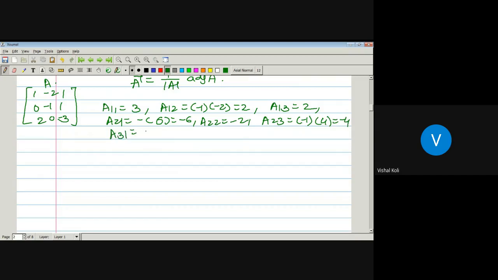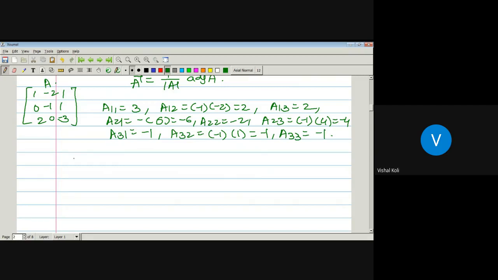A31 is equal to minus 1 to the power 4, which is plus, into minus of 2 into 1, minus 2, minus of minus plus 1, minus 2 plus 1, minus of 1. A32 is equal to minus 1 to the power 5, which is minus 1 into 1 into 1, 1, which is minus 1, and A33 is equal to minus 1 to the power 6 into minus of 1 into 1, minus 1, in minus of 0.